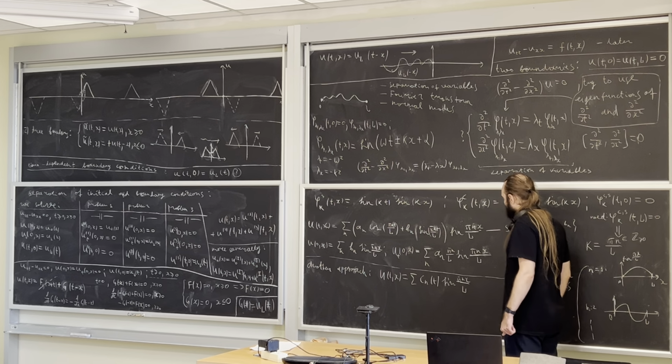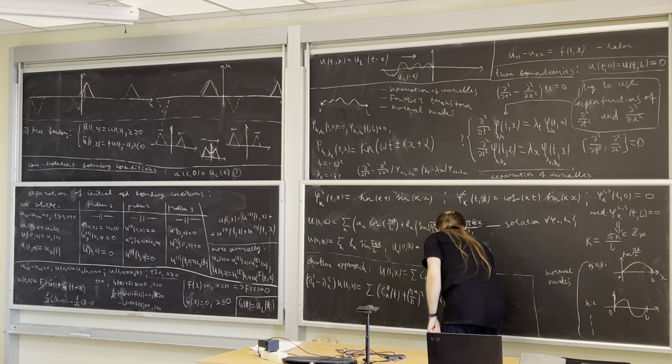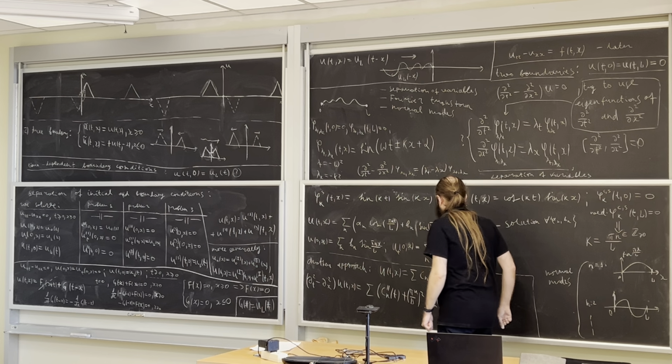So dt squared minus dx squared acting on u of t and x equals the sum of cn primes of t plus pi n over L squared cn of t, times sine of pi n x over L.